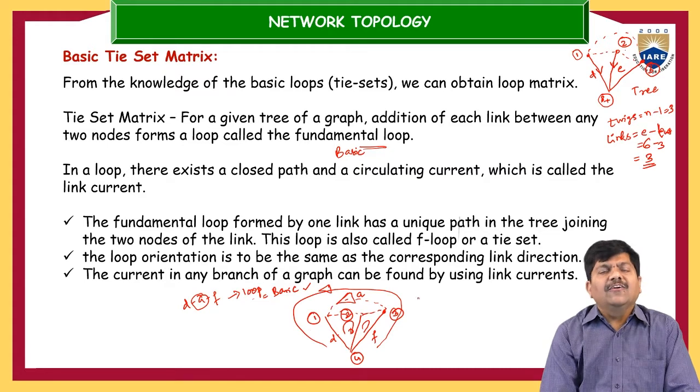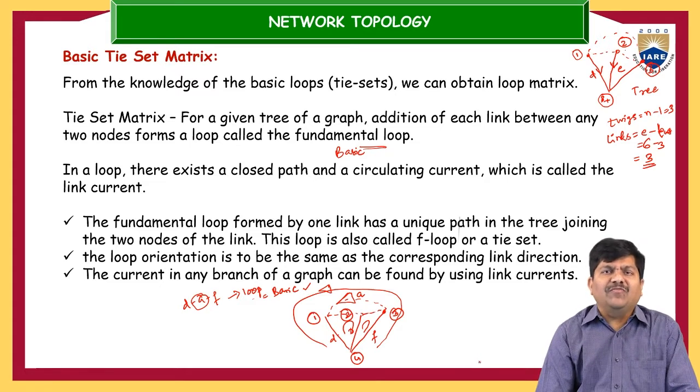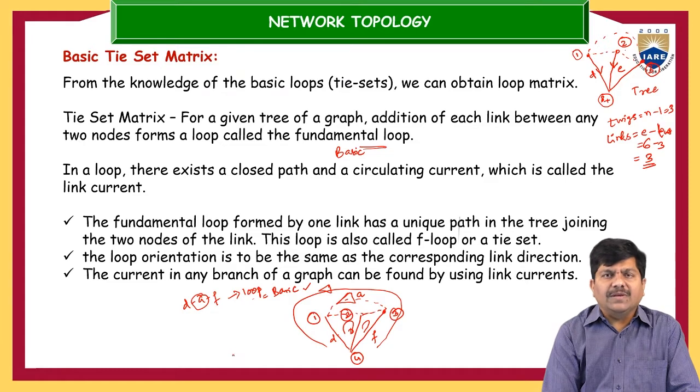So like this, we develop and identify the basic loops or fundamental loops, and the orientation of that basic loop is in the same direction as the associated link, because of which we call that loop a basic loop in the same direction as that link. Now we have to clearly mark the orientation of that basic loop.